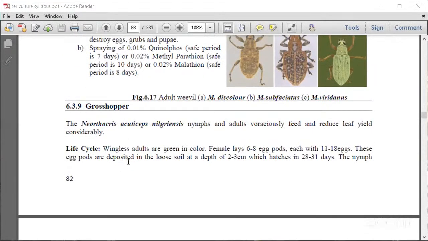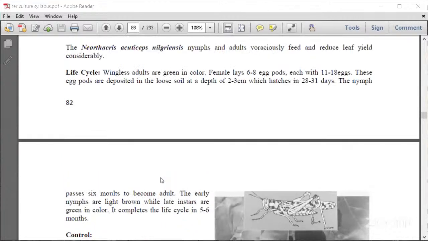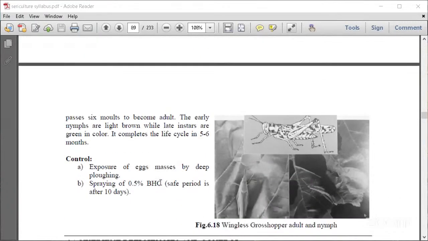Next, the common grasshopper, Neorthacris. The female lays 6 to 8 egg pods. This is also a wingless adult, which looks green in color.